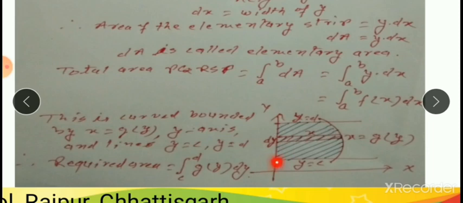Here is lower limit y = c, upper limit y = d. Therefore strip is running along y-axis. Therefore area of this part can be given by integration c to d g(y) dy. This is g(y) and we are integrating with respect to y.